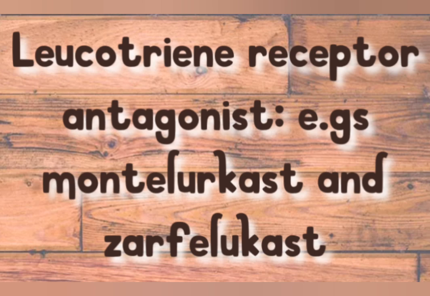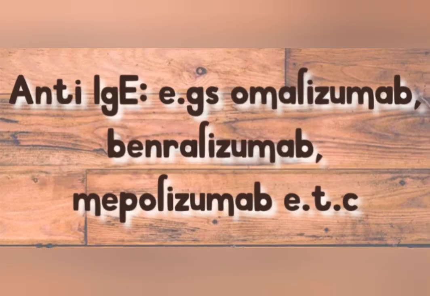Examples of this medication are montelukast and zafirlukast. Another medication is the anti-immunoglobulin E, since we said in the pathophysiology that it is an immunoglobulin E mediated reaction. So these are antibodies that fight against immunoglobulin E. An example is omalizumab.